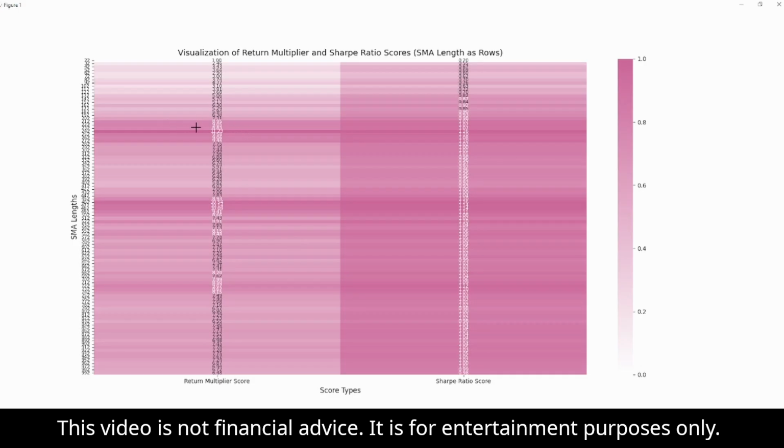So you can see that the return multipliers are usually around 10, so we do a 10x over the 7-year long or so backtest here for the Bitcoin price. So this is quite good overall, even though Bitcoin itself did a 25x, starting at about 4,000 in 2017 and ending here in 2025 at about $100,000 per Bitcoin.